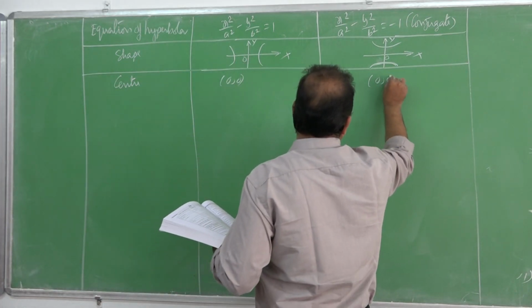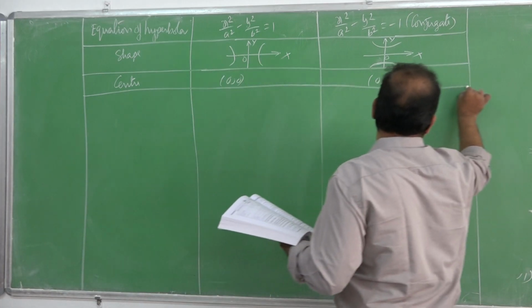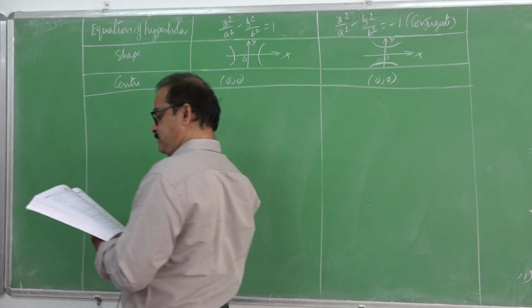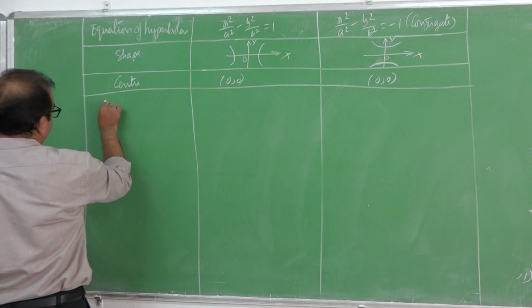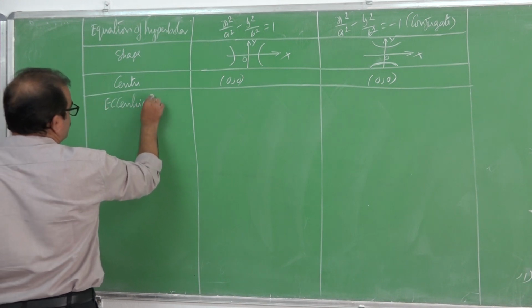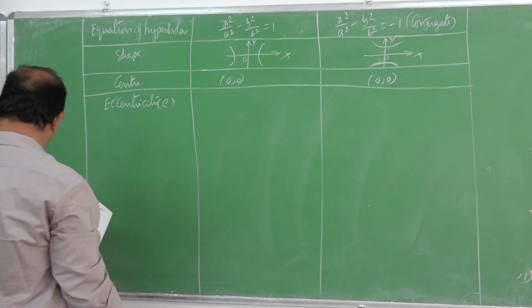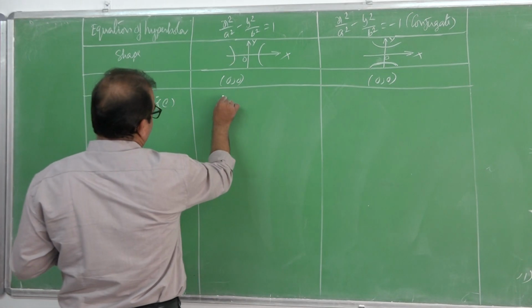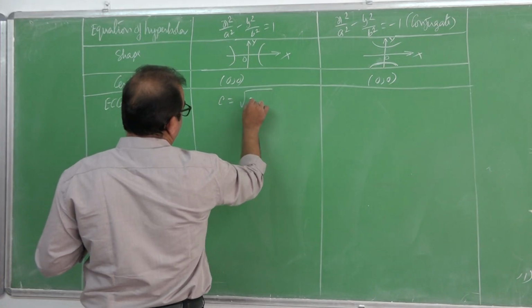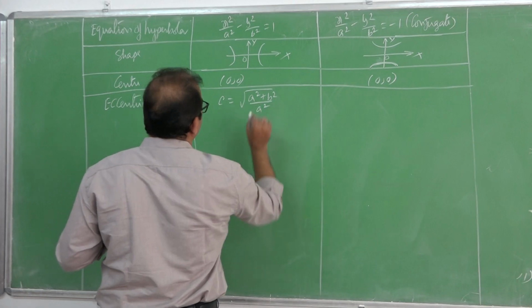Here also center is 0, 0. Next, eccentricity E. That is E is equal to root of a square plus b square by a square.